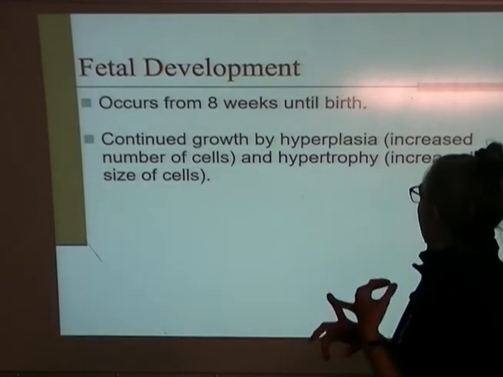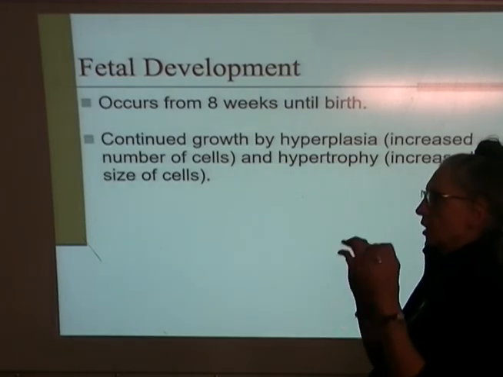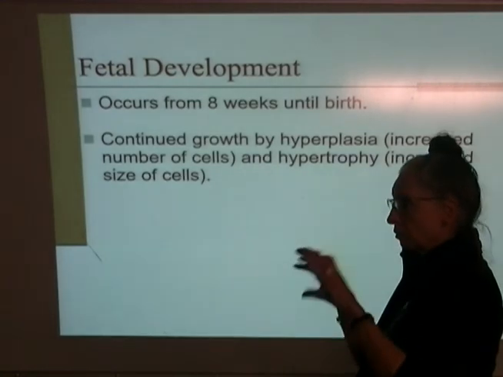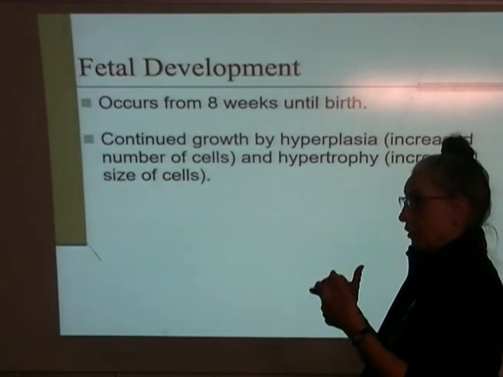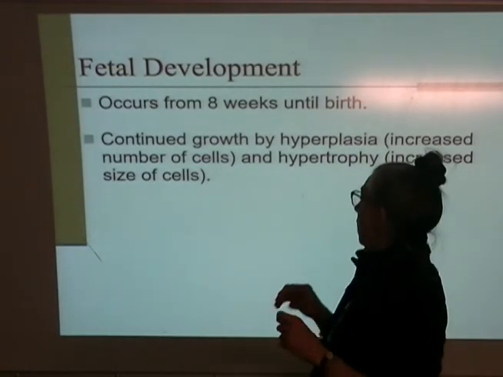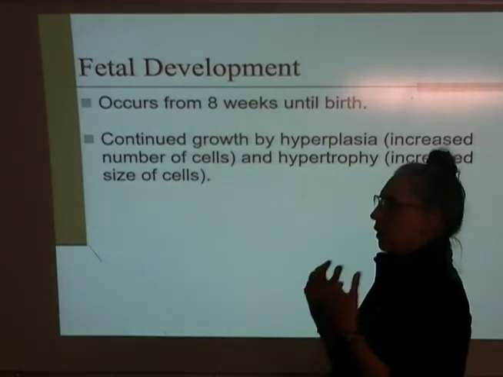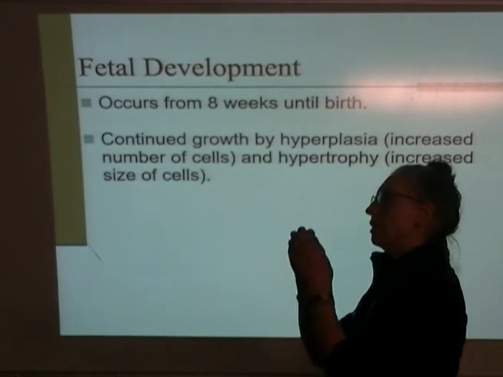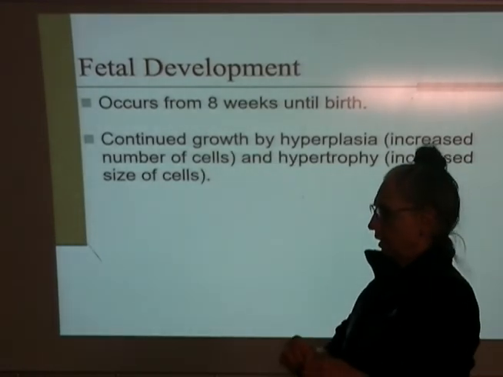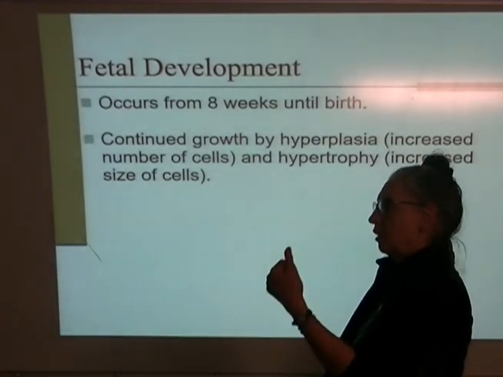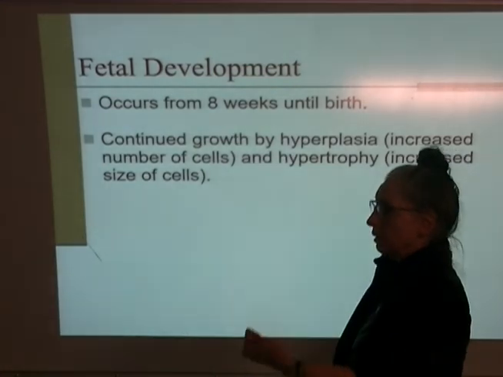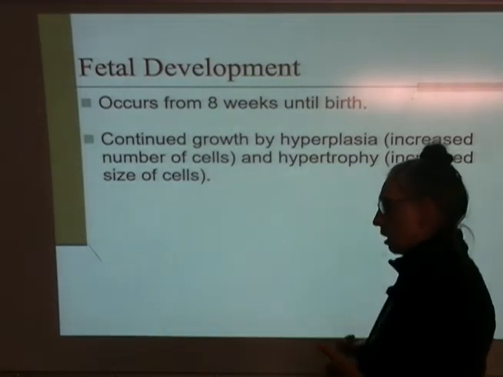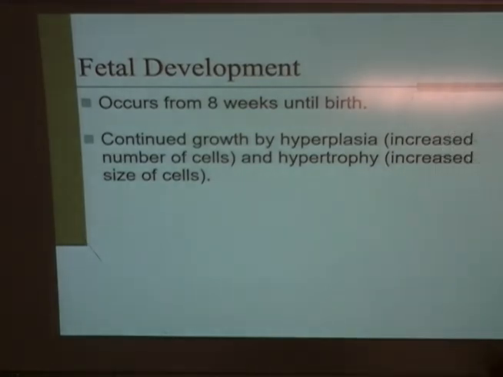We have hyperplasia, so the baby is laying down new cells that's being dictated by its genetics, right? And then we see hypertrophy, which is an increase in the size of the cells that are being laid down, all right? So hyperplasia is an increase in the number of cells. Hypertrophy is an increase in the size of the cells.